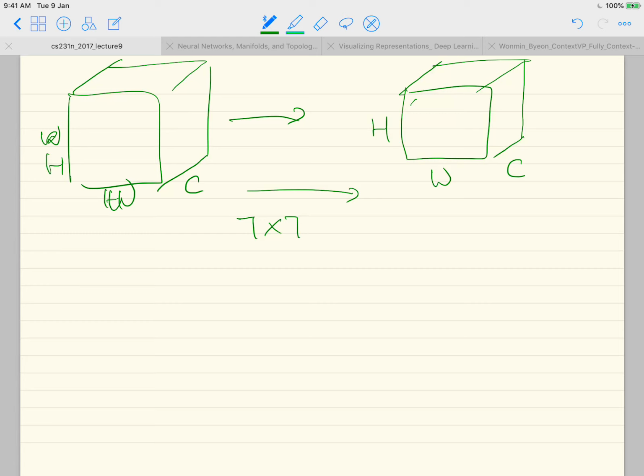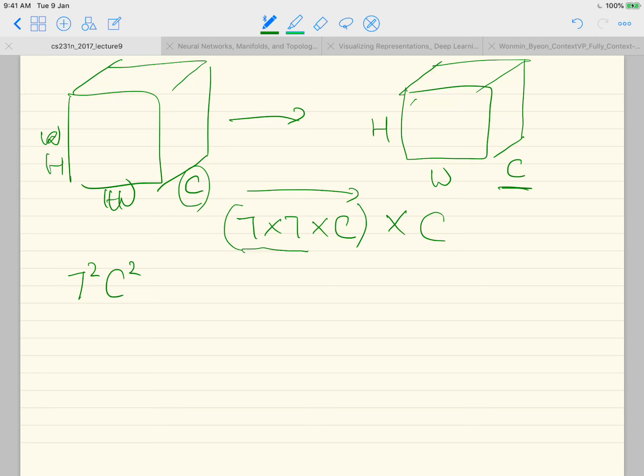How many parameters do we need? One filter will have this width and height, and because the input activation map has C channels, this is the number of parameters required for one single convolution filter, right? And we have to generate C different channels, and thus we need C filters, right? This is 7 squared, C squared, the total number of parameters needed to have a single convolution layer that has the 7 by 7 receptive field.